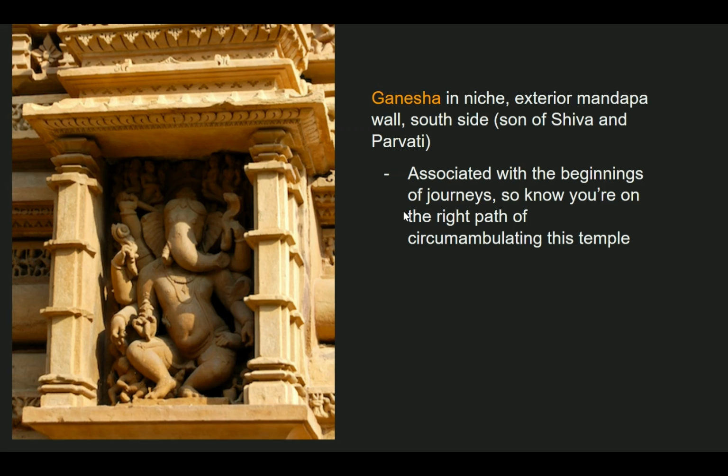And here is Ganesh. As you would walk up one of the sets of stairs, here's one of the sculptures that you would see in this niche. It's housed in this temple-like structure. Ganesha is often associated with the beginning of journeys, and he is the remover of obstacles on your journey.